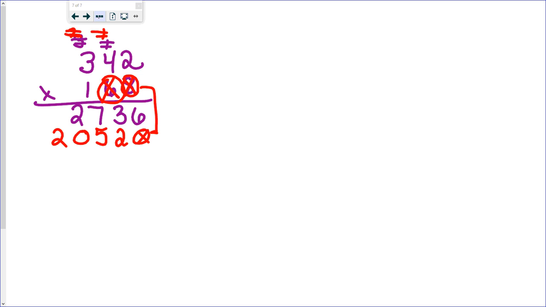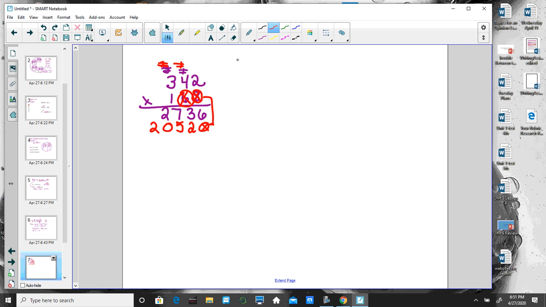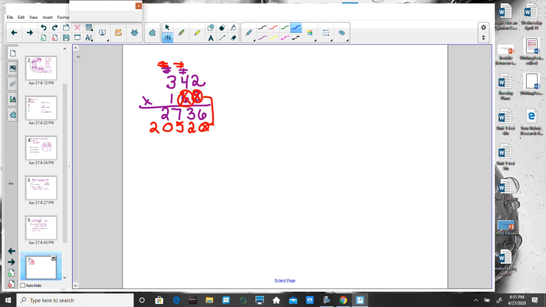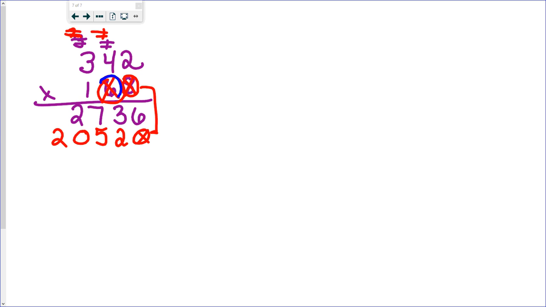So now what we're going to do is put those zeros into place. So this 6 is done. And again, we have a 0 still in the ones column. We're done with everything in the ones column. And then we have that 0 right here, under that tens column. Ones column, tens column, we're done with those two.